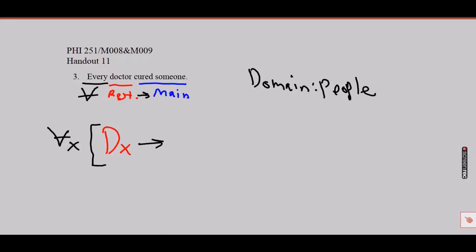And now we deal with the main. And the main predicate here is itself a quantified statement. Let me put it in English first, then I deal with it. So we are saying that x cued someone. That's the main predicate. Notice that our main predicate itself involves a quantifier, someone.